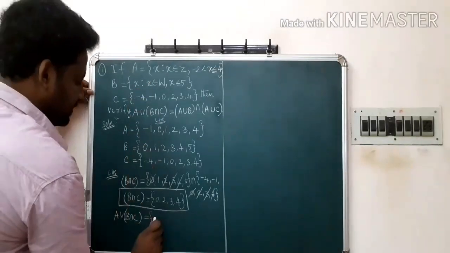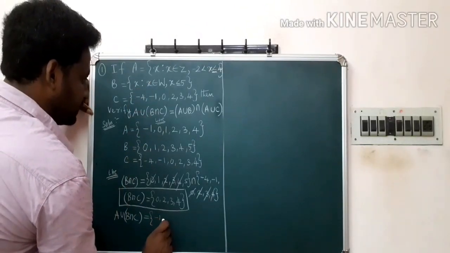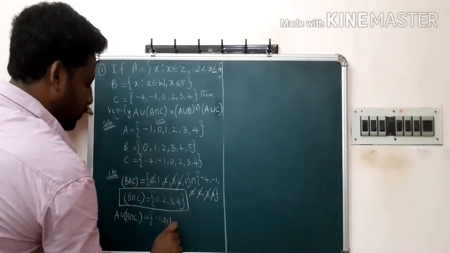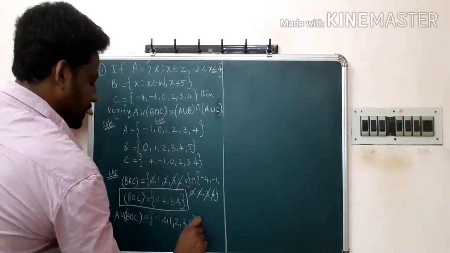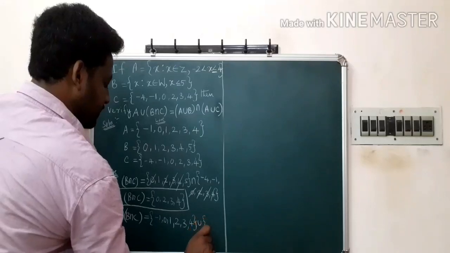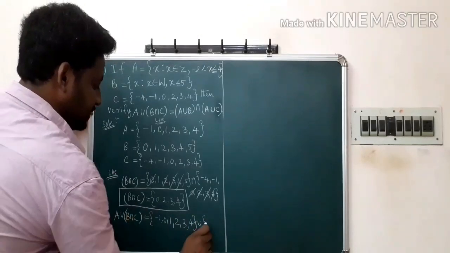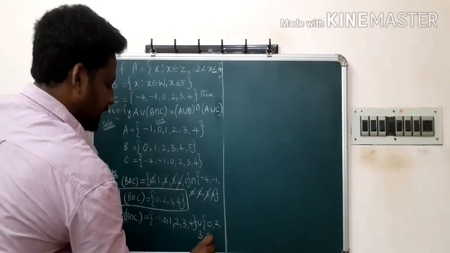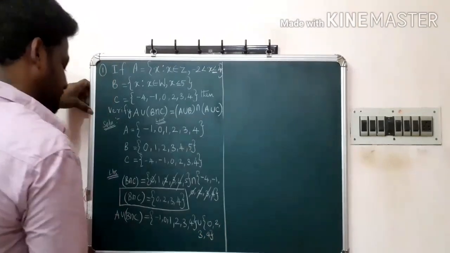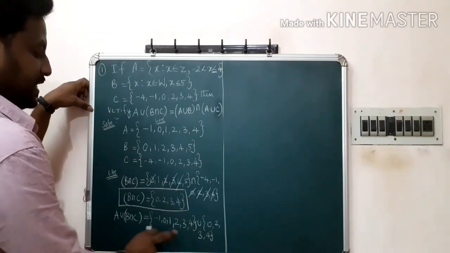Set A is minus 1, 0, 1, 2, 3, 4, and take the union. What is B intersection C? 0, 2, 3 and 4.